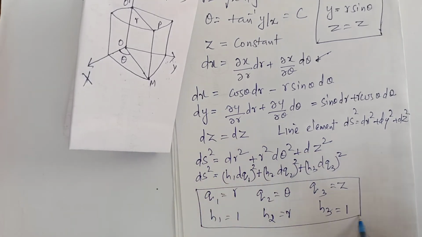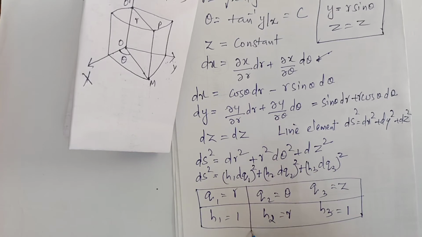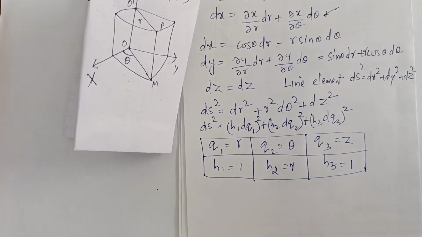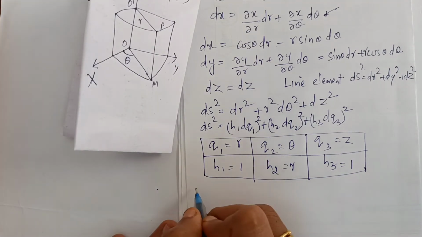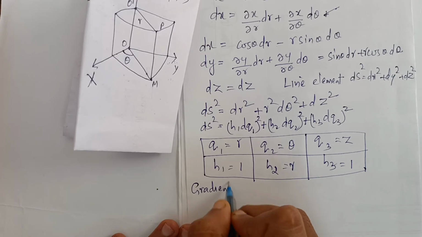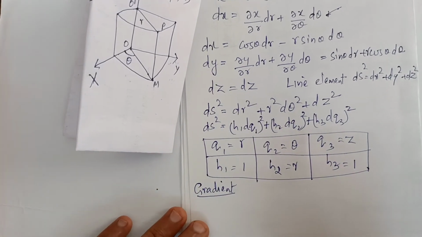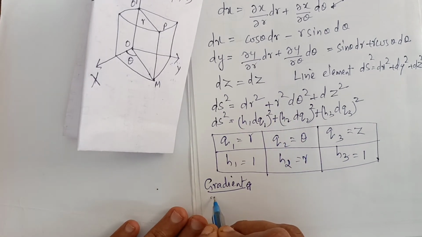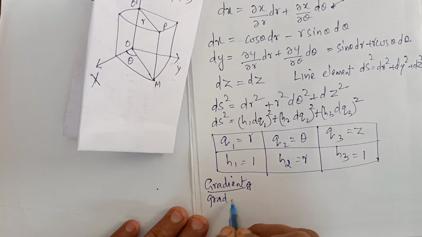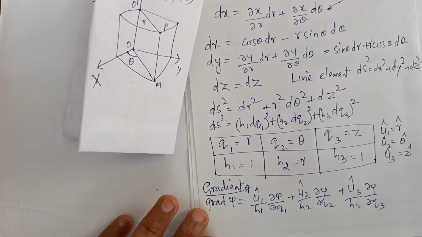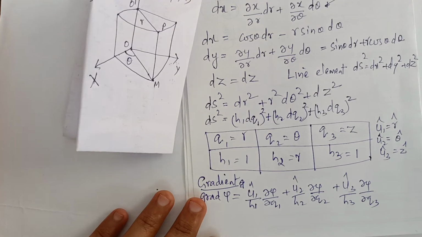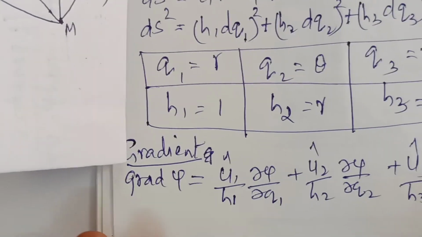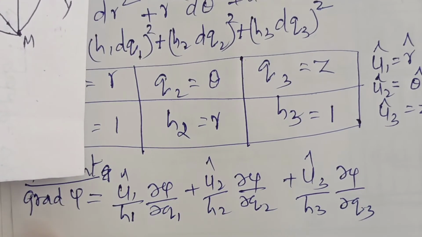Now with these values we are going to substitute. We have already derived the expressions for gradient, divergence, Laplacian and curl. So let us write the first differential operator, that is gradient. Gradient psi, or del psi, is equal to u1 by h1 dou psi by dou q1, plus u2 by h2 dou psi by dou q2, plus u3 by h3 dou psi by dou q3.